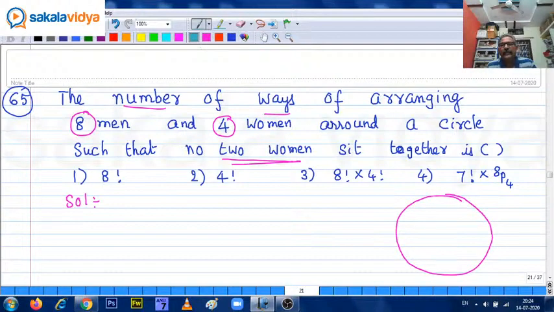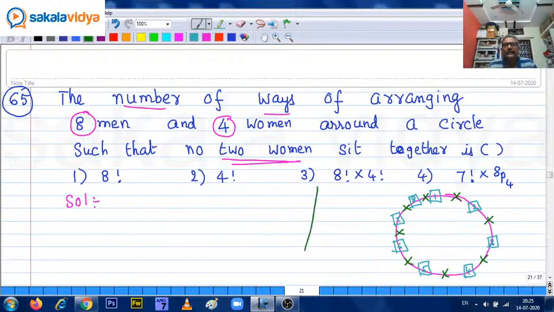First we need to arrange 8 men, 1, 2, 3, 4, 5, 6, 7, 8. Now gaps 1, 2, 3, 4, 5, 6, 7, 8.